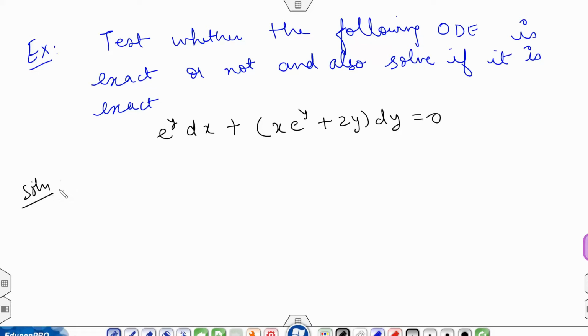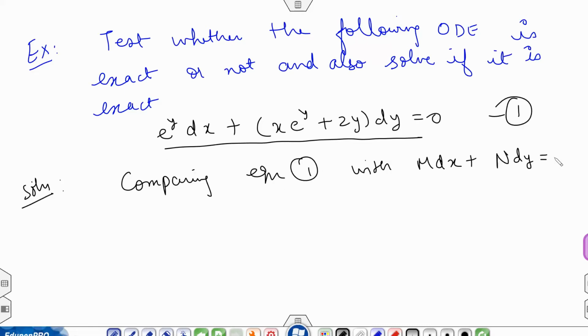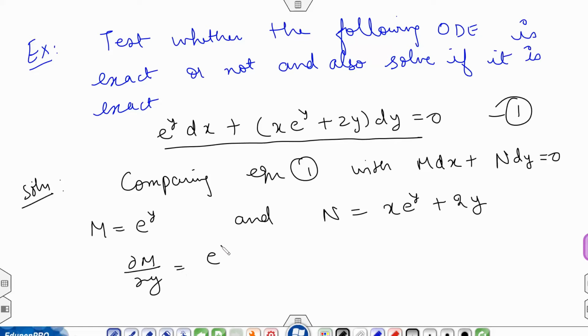So let's see how we can do it. Comparing this equation with M dx plus N dy equal to 0, we have M is equal to e to the power y, and N equal to x e to the power y plus 2y. Now you know the condition for exactness: you need to find del M by del y, which is equal to e to the power y, and del N by del x will again be e to the power y.